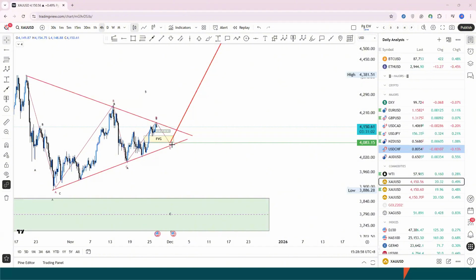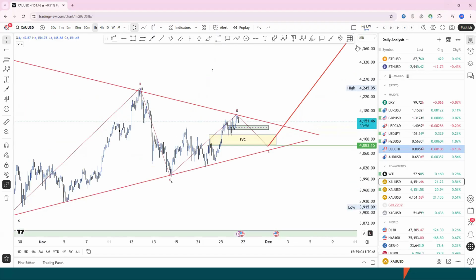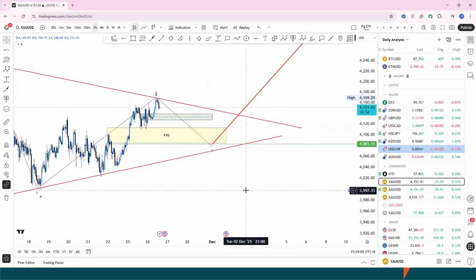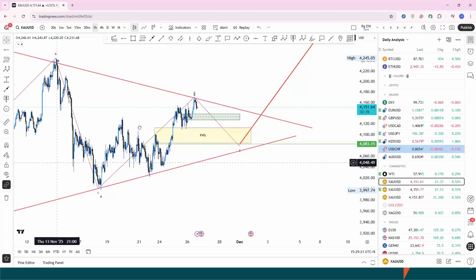All right. Now we go to the lower time frame. What's happening? Like from A, B, right? These are A, B, C, or 1, 2, 3.